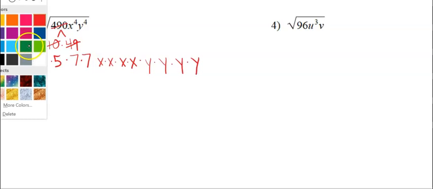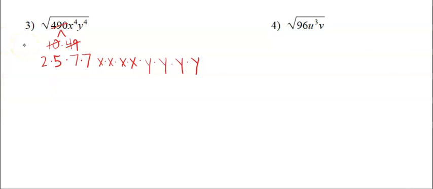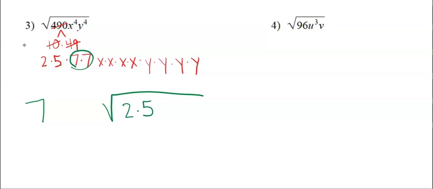All right, so now we want to start looking for doubles. So I have a double 7. We write that once on the outside. And then I have a 2 and a 5 that are both single, so those are going to stay inside. I have one group of double x's and a second group of double x's. So we write that as x squared. And then I have one group of double y's and a second group of double y's.